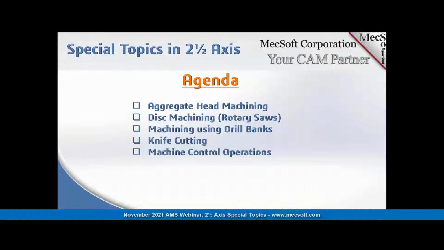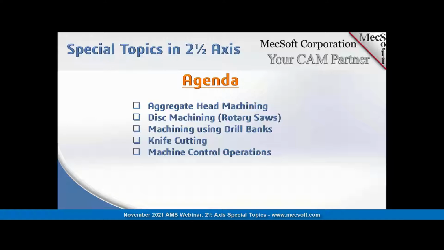And then also we're going to be covering the use of drill banks, otherwise known as multi-drill heads, where you can drill sets of hole patterns very quickly. This is used mainly in a production setting. And we're going to be going over knife cutting.